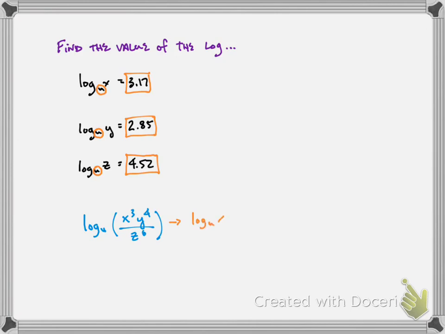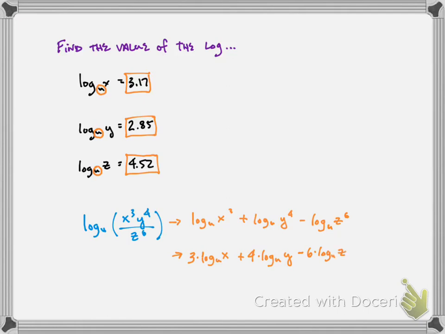Log base u of x cubed plus log base u of y to the 4th minus log base u of z to the 6th. This is the same as 3 times log base u of x plus 4 times log base u of y minus 6 times log base u of z.